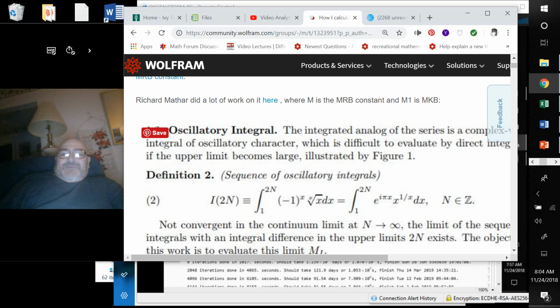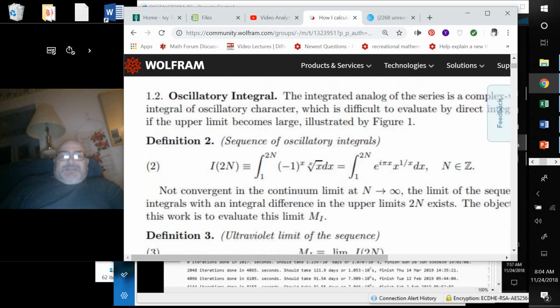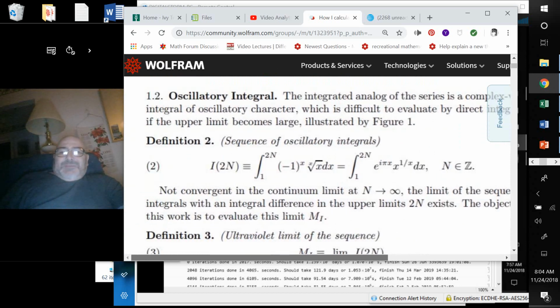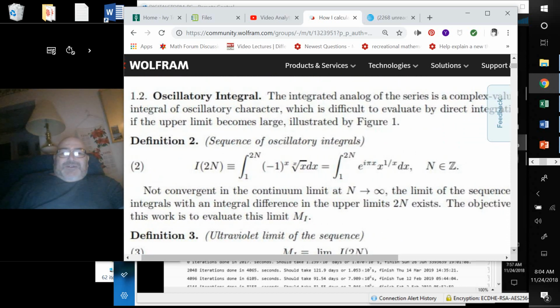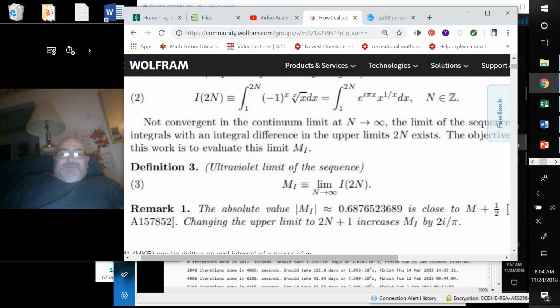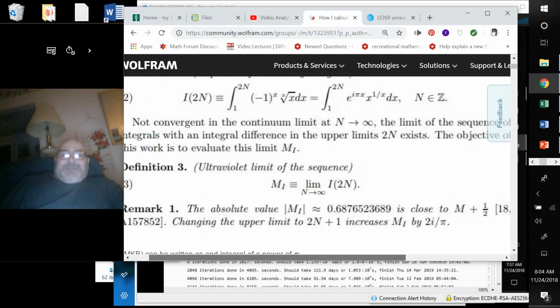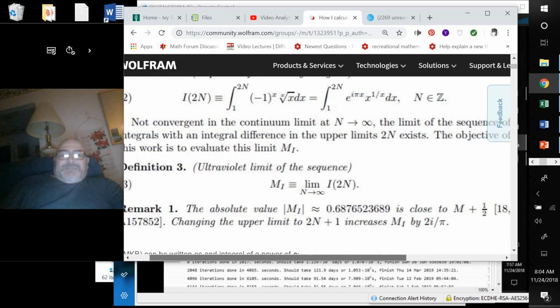He says, why even number, you might ask? Because if you go to a large odd number, the absolute value of M1, which he calls the MKB constant, is close to the MRB constant plus 1/2.